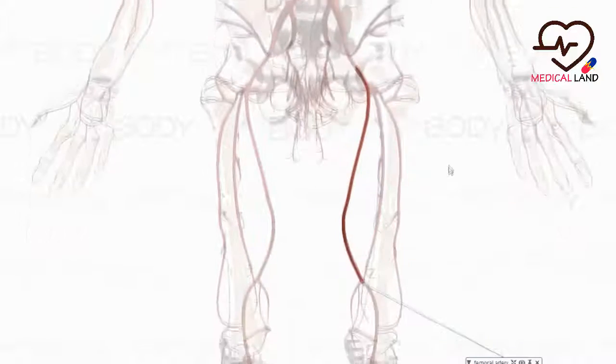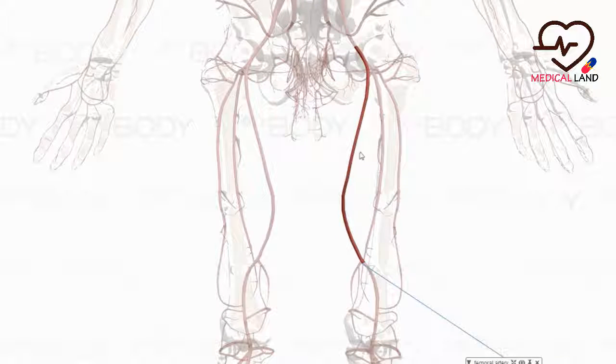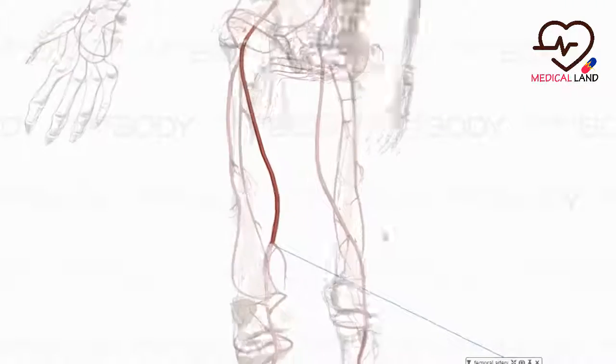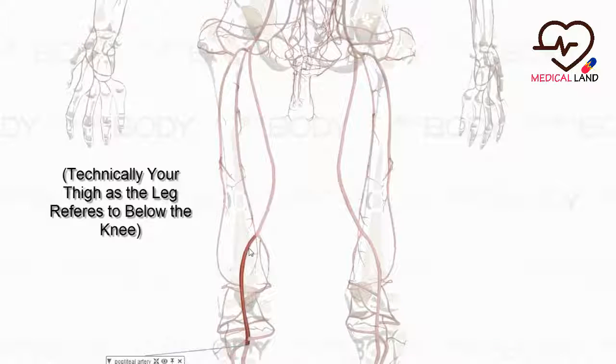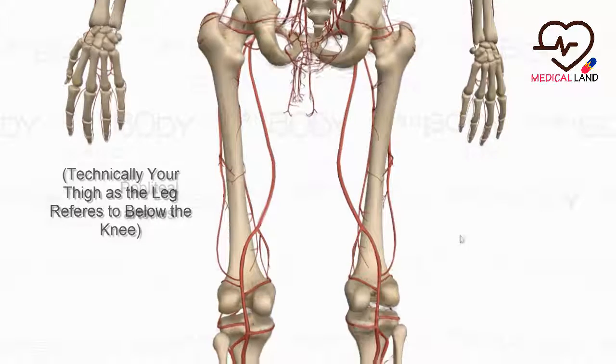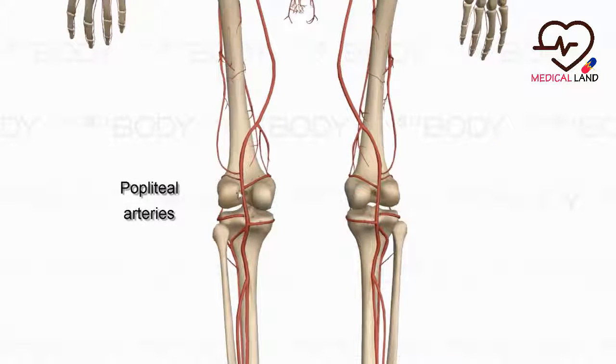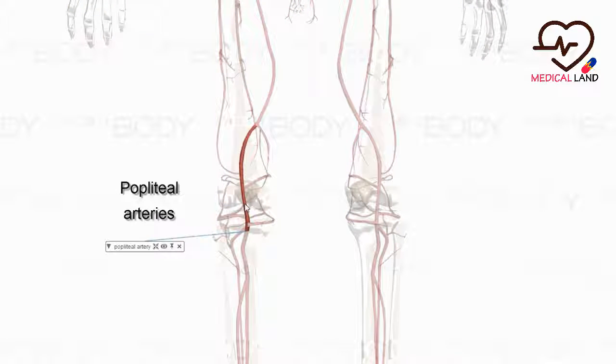But the femoral artery is going to come down, and then it's going to loop around to the rear of your leg. And it's then going to become the popliteal or popliteal artery, however you'd like to pronounce it. So here's the popliteal artery.